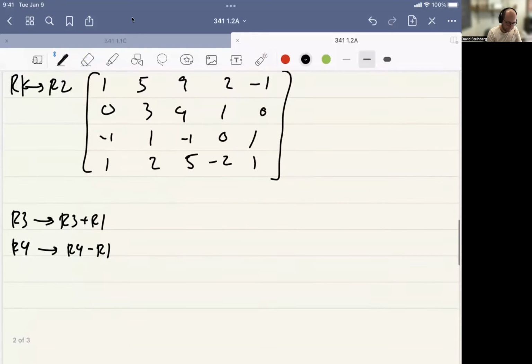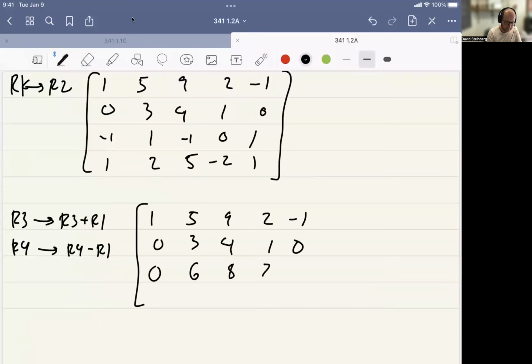And let's see, what do we get? Row 1 hasn't changed. Row 2 hasn't changed. Row 3 becomes 0, 6, 8, 2, 0, just by adding 5 and a 1, 9, -1, 2, 0, -1, 1.